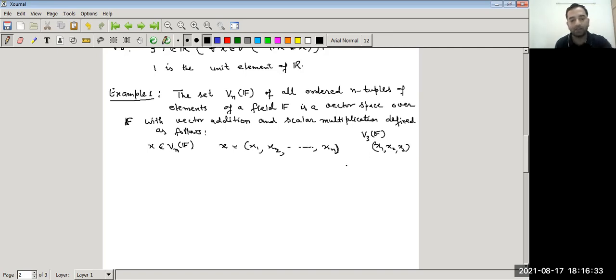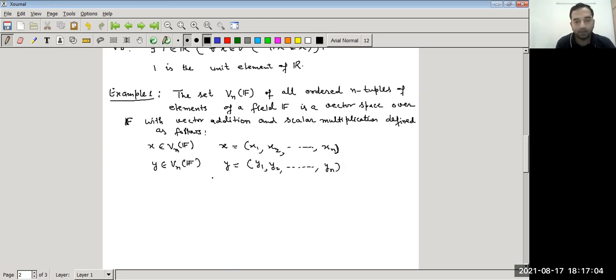These are the elements of Vn(F). If y belongs to Vn(F), then y = (y1, y2, y3, y4, ..., yn). In this way we can represent elements of a vector space.